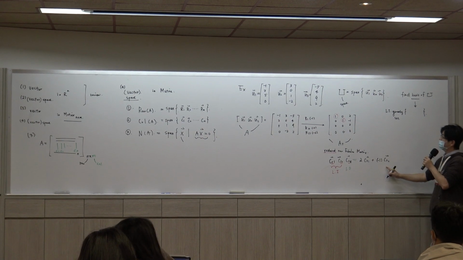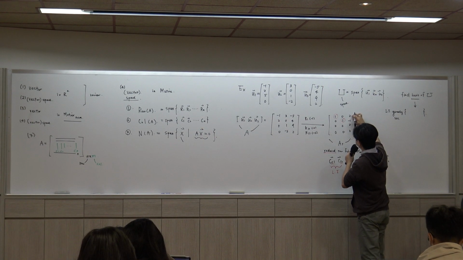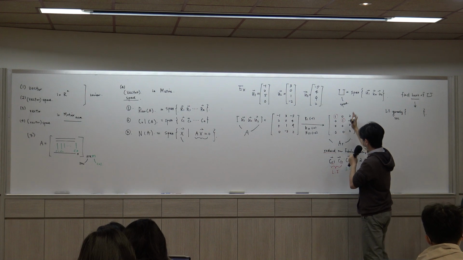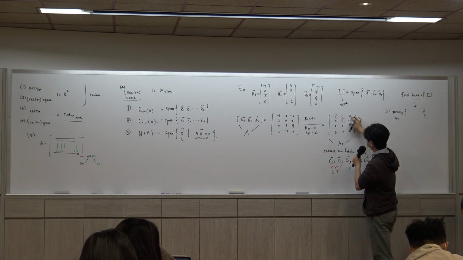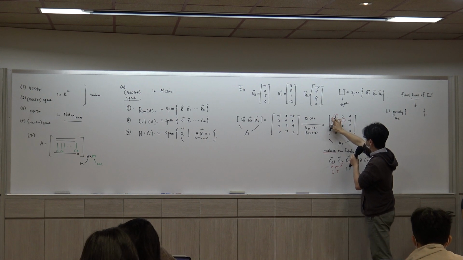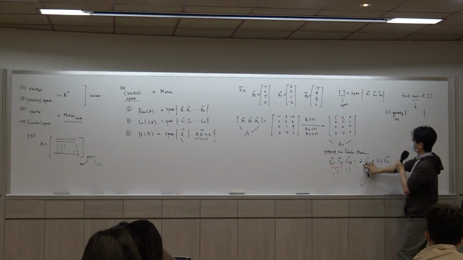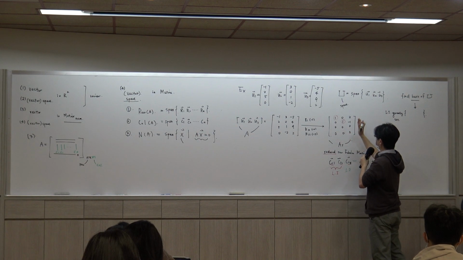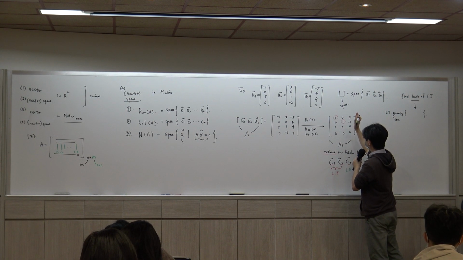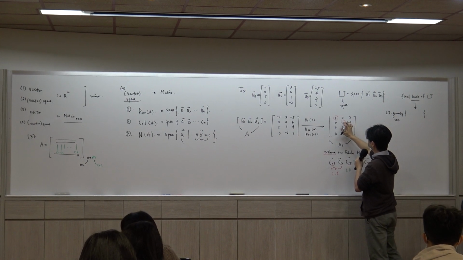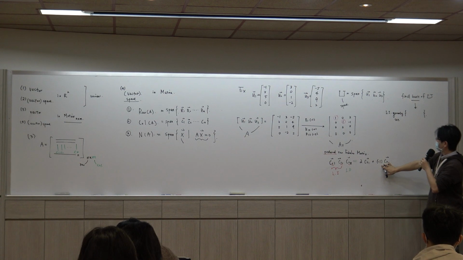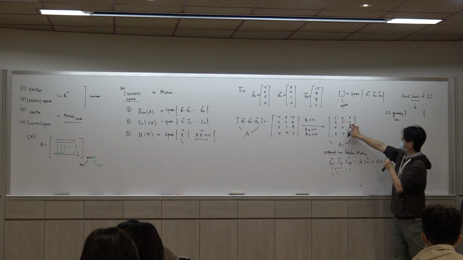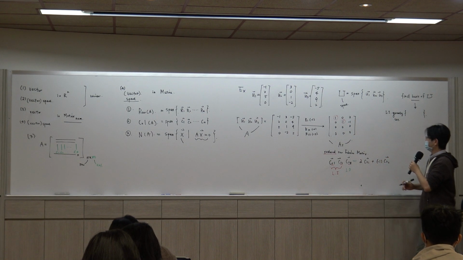Right? So you can check, it's CR3. So 2 equals 2 times CR1 here, and the minus 1 equals minus 1 times CR2, right?